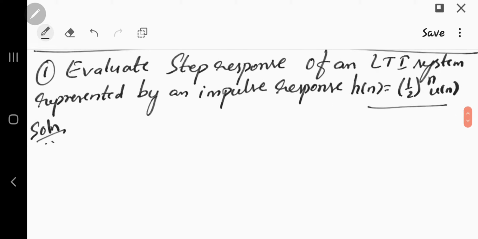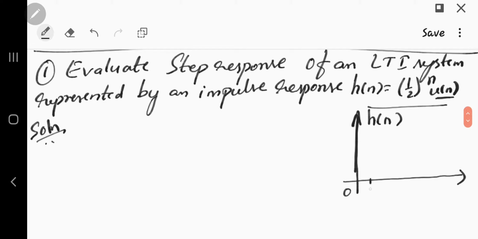Now, you can represent this h of n graphically. It will be better if you express this graphically, so you will have some imagination or clear idea about how the signal is. So, u of n is there. That means the signal is present only for values of n which are greater than or equal to 0.